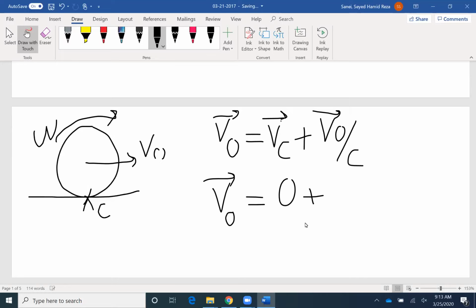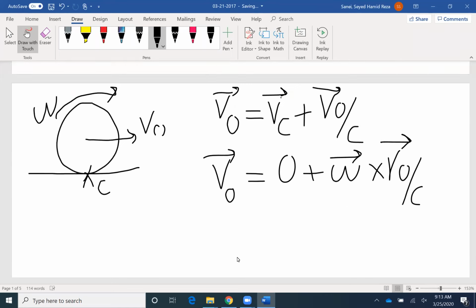And to write the relative velocity, we know the relative velocity is the rotation. If we are interested in the velocity of one point in the object with respect to another point, that would be omega cross rOC. So this is a vector formulation, and you need to remember that in vector formulation, we have an i component and j component in 2D, which means that technically we have two equations and we can solve for two unknowns.